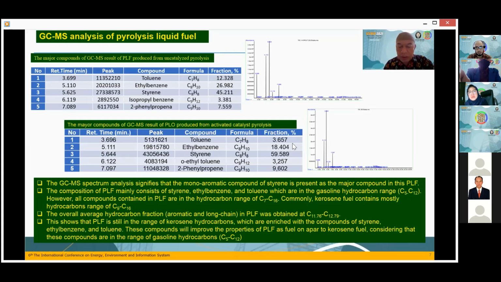Commonly, kerosene fuel contains mostly hydrocarbons in the range of C9 to C16.